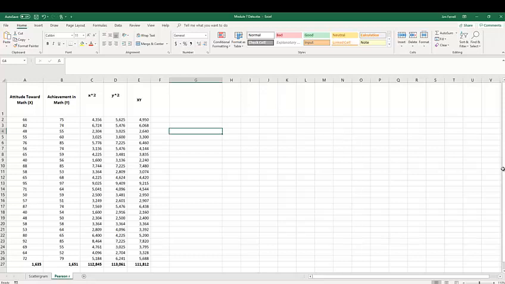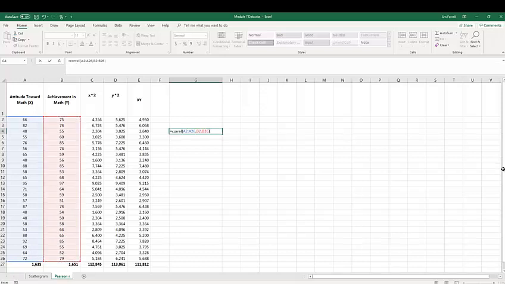All we're going to do here now is say equals CORREL. You can see this returns the correlation coefficient between two sets of data. Whenever you want to use a function, you use the equal sign and then the function and the parentheses. So we want to put our first set in, comma, now our second set.